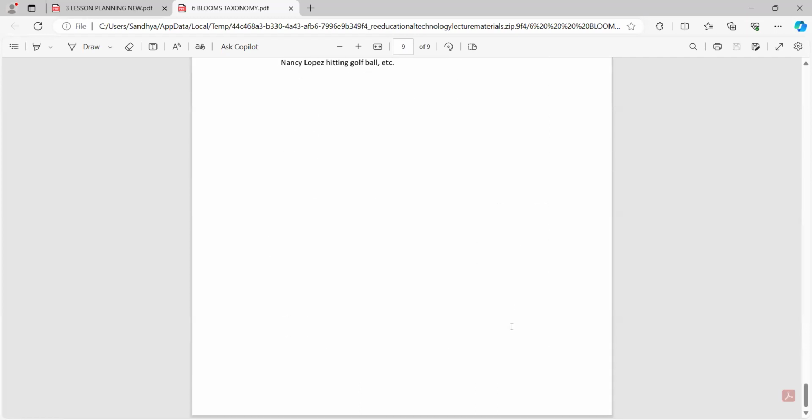So you have to decide on all three domains in each and every lesson, irrespective of the subject that you teach. That is the teacher's task in the 21st century, because we are not producing robots, we are not producing machines, we are producing human beings. All three H's are developed in them, not only knowledge, not only head, but heart and hand.